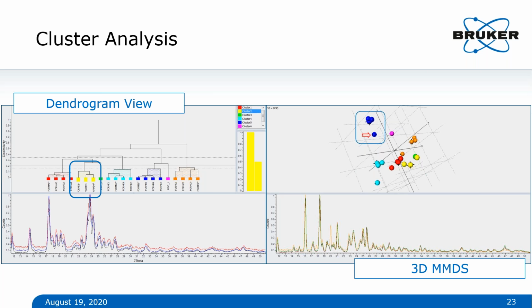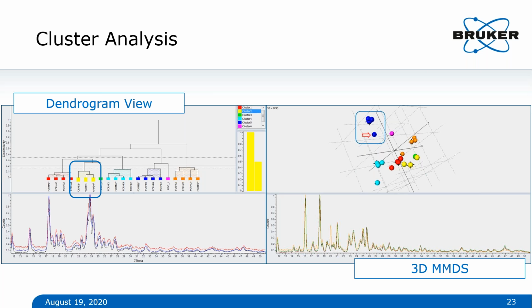Again, keeping with the left-hand side, we see a box drawn around the yellow cluster. If we look at the bottom and we compare all three of these members of the yellow cluster, we see that there are very strong similarities. Peaks are about in the same locations. We have about the same relative intensities. There are some differences in terms of background and peak shape.